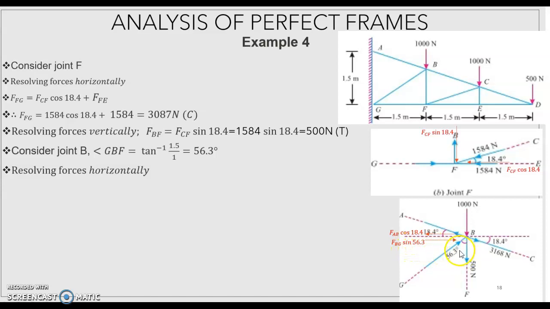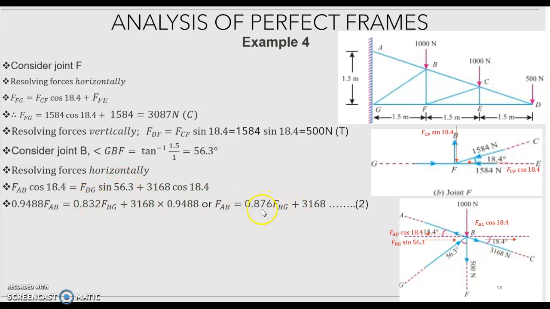This 56.3 is the angle it makes with the vertical. And horizontal component of BC is FBC cos 18.4. This rightward force is equal to the leftward force.